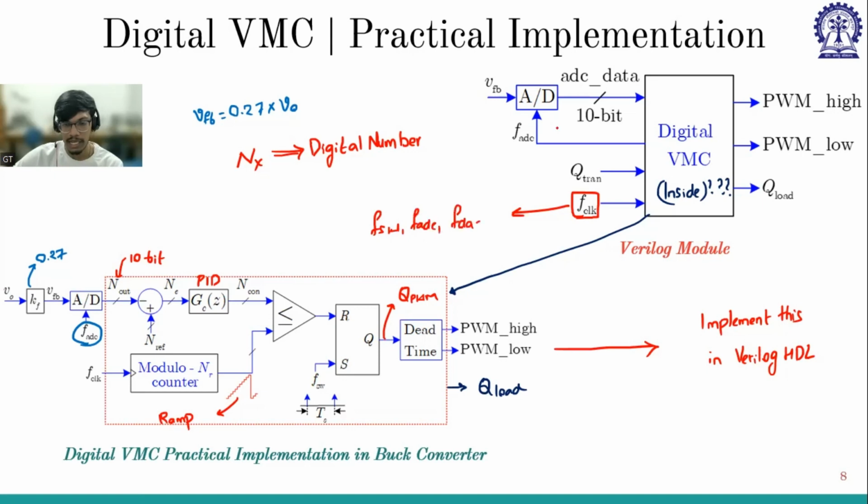Our ADC needs FADC, which is the sampling frequency. That has to be generated and given to the analog to digital converter, which decides how fast it has to take the samples. Everything comes from the F clock. All these codes should be written in our Verilog code so that this will generate FADC, which will go to the analog to digital converter.